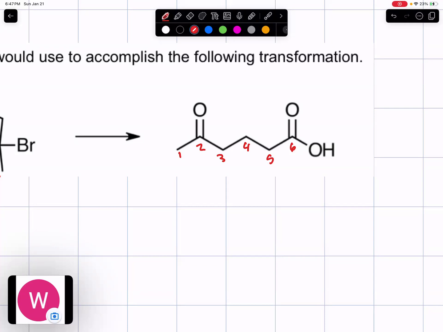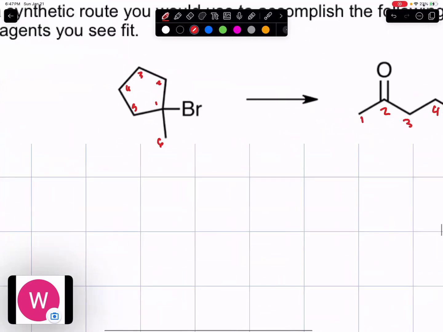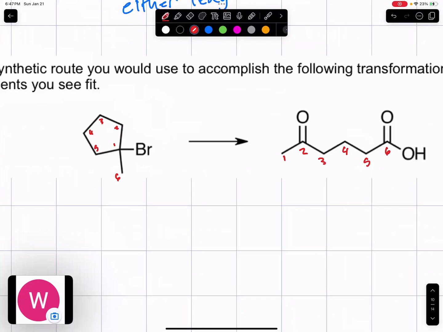All right. This is not a mechanism question. But how would you break this ring? I'm going to go in the forward direction. How would we break this ring? What's the first step we have to do?